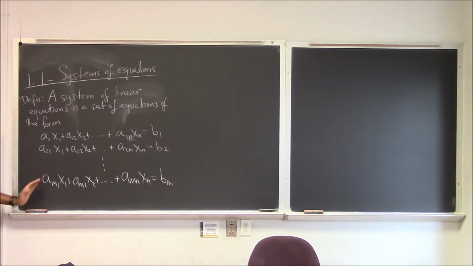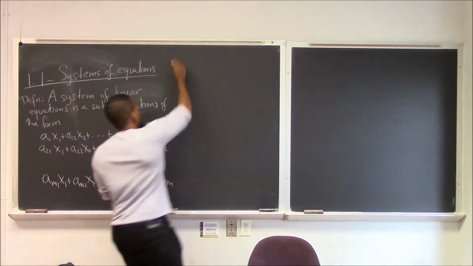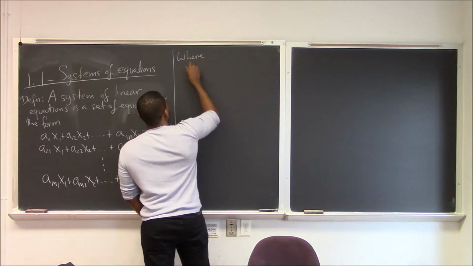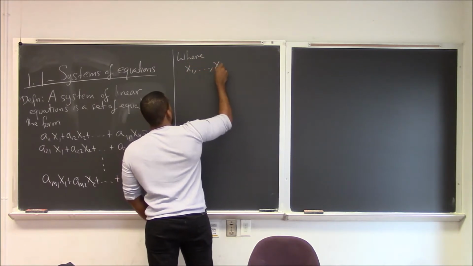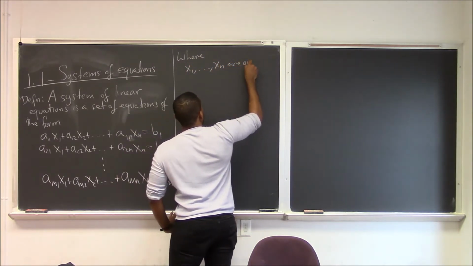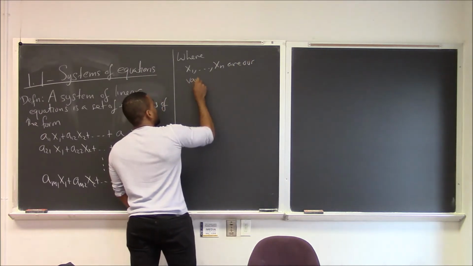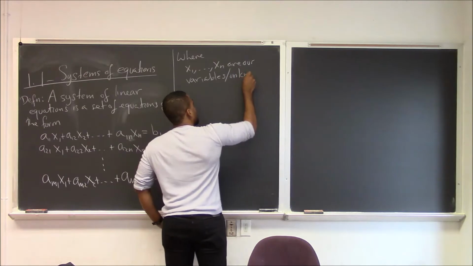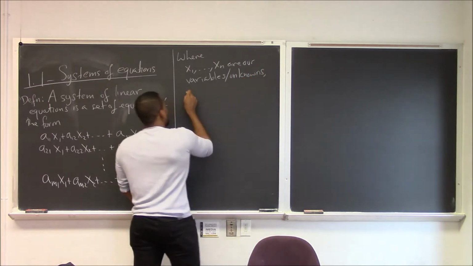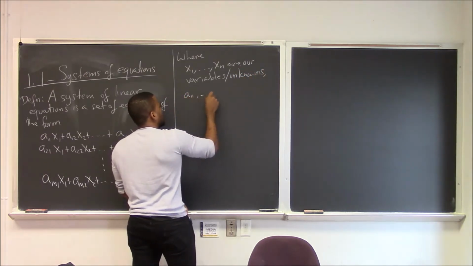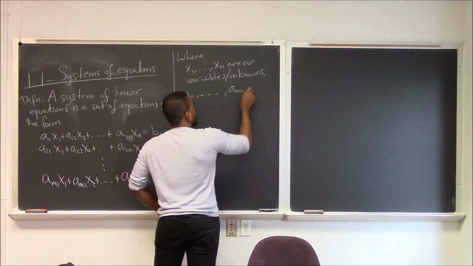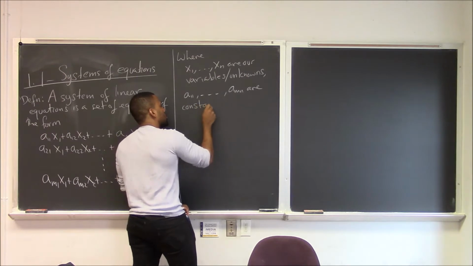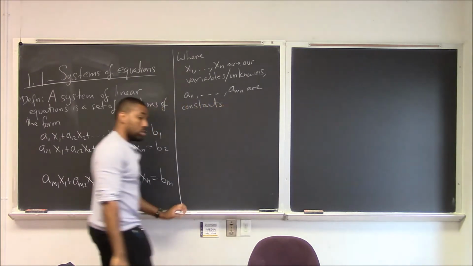So we can have a bunch of equations in this order where x1 to xn are variables or unknowns. And a11 all the way up to amn are constants, scalars.